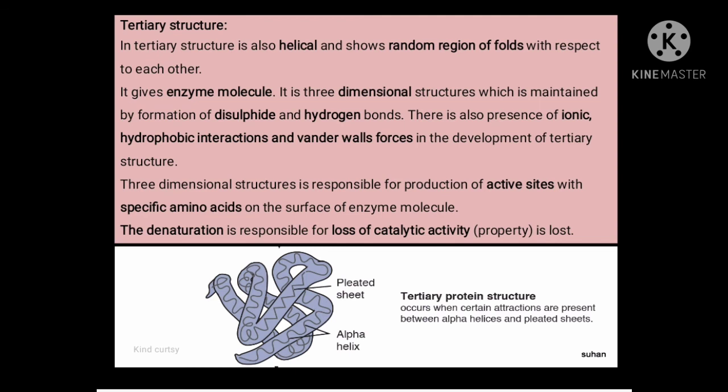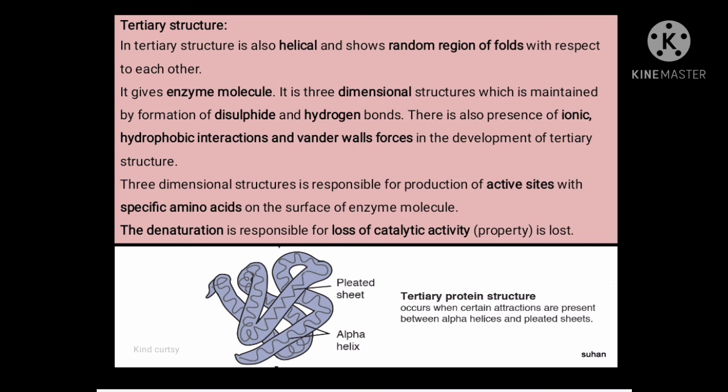After completion of the secondary structure, another structure is the tertiary structure. The tertiary structure is also helical and shows random regions of folds. While you observe the picture, such folds are seen with respect to each other. That means they interact with each other. It gives an enzyme molecule. It is a three-dimensional structure which is maintained by the formation of disulfide and hydrogen bonds.